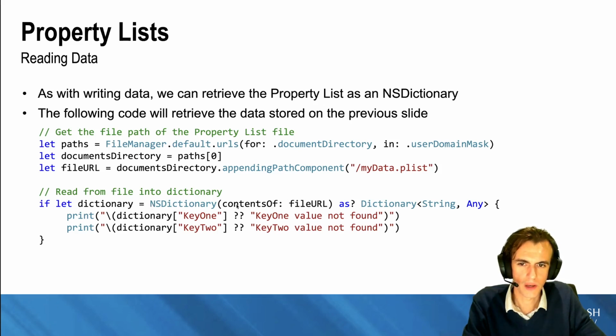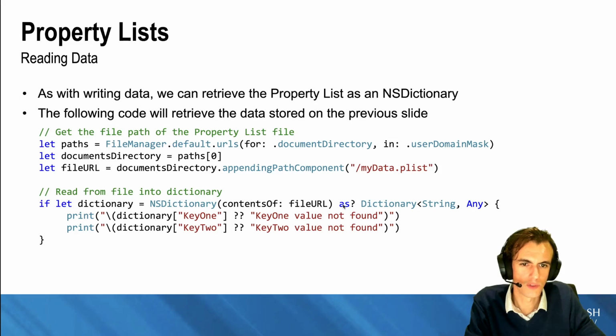So this part here allows us to load a new dictionary. Now, this can return nil, so it can fail, like if this URL doesn't exist or it can't be loaded as an NSDictionary, then this will return nil. So our let statement here is inside an if, and we're checking to see if it's nil.